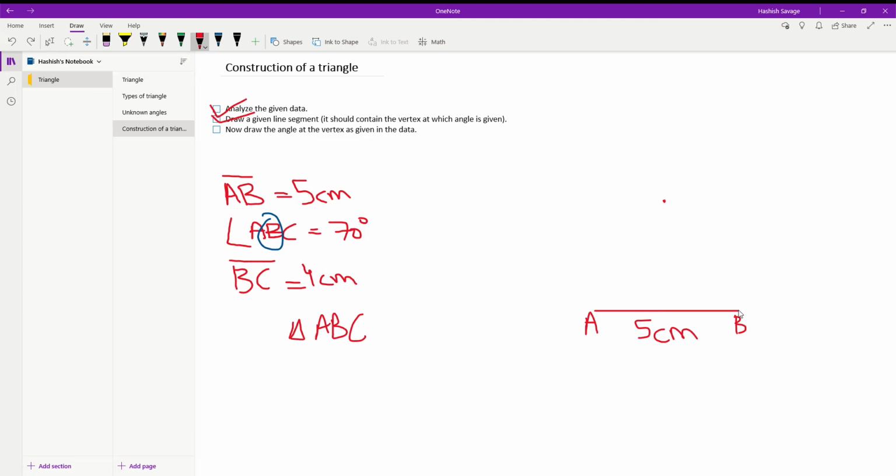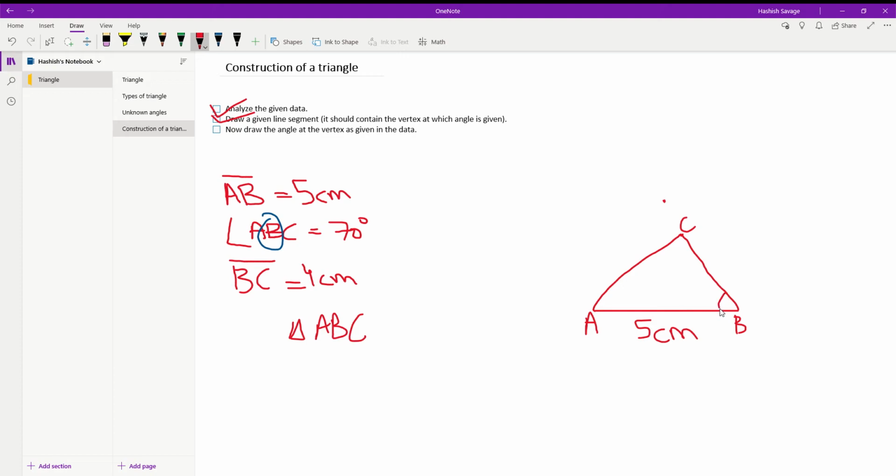So you need to draw a 4 centimeter line in the direction of this point from B. Let's say this much was 4 centimeter. This point will be called point C, and now you just need to join this point to point A, and this will be your triangle.